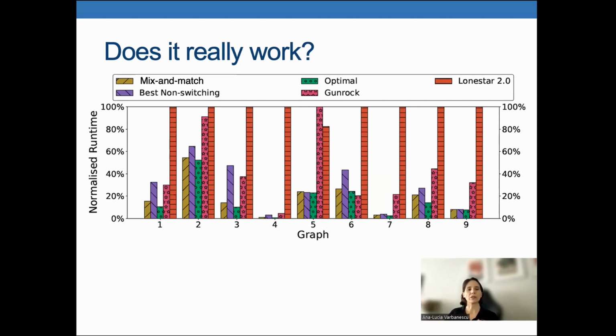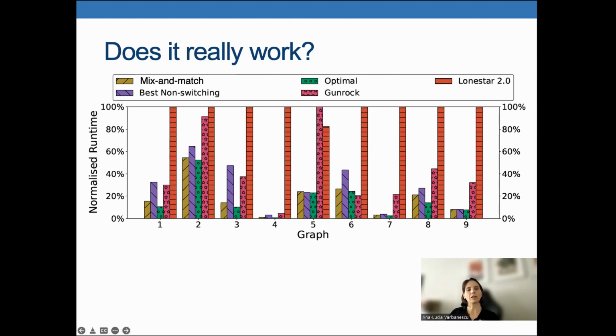The vertical axis is again normalized runtime, and what you see with yellow is our version, really measured, based on this predictive switching at runtime. So in all cases, we're performing quite well.